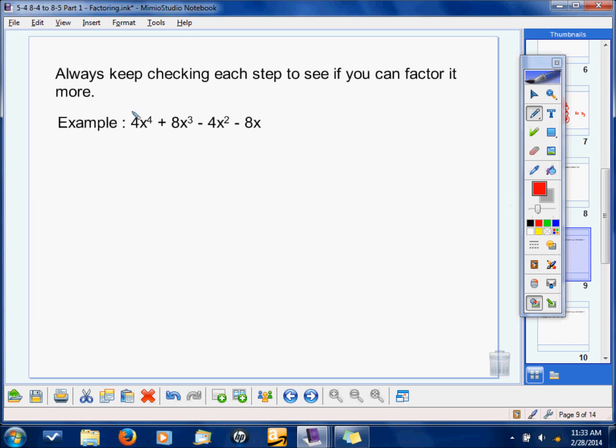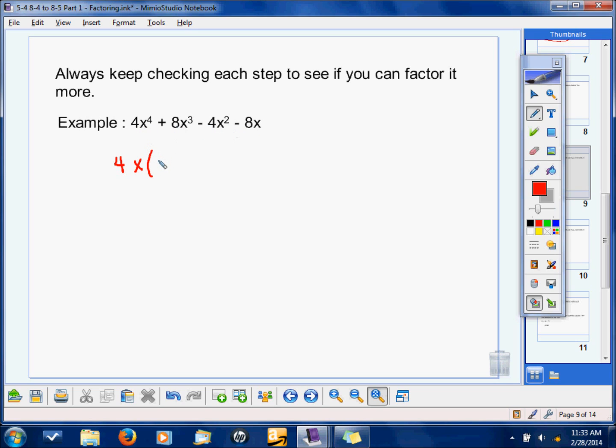All right. We always want to see if we can factor more. So this is kind of a long problem, but I want to make sure we do this one. First look for what's in common across all of them. Which is x and what else? 4. Yes, 4 goes into 4 and 8, and there is an x in all of them.